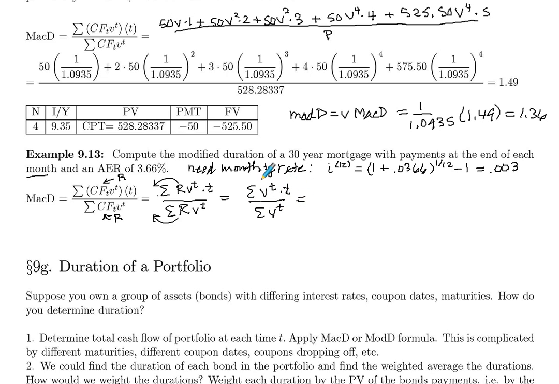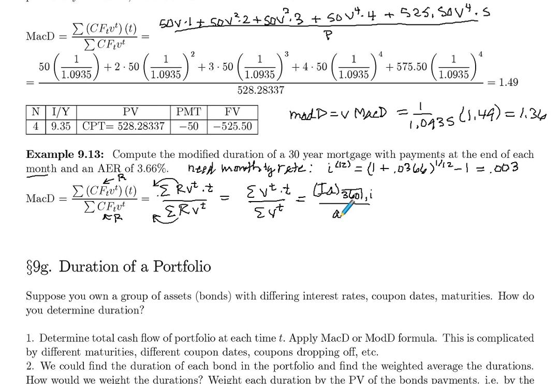And what's this on the top? Well, that's 1v plus 2v squared plus 3v cubed, etc. That's just the increasing annuity, and it's for 360 months. So this is the present value of the increasing annuity, (Ia) angle 360, at our interest rate i, and then we're dividing by the sum of v to the t.